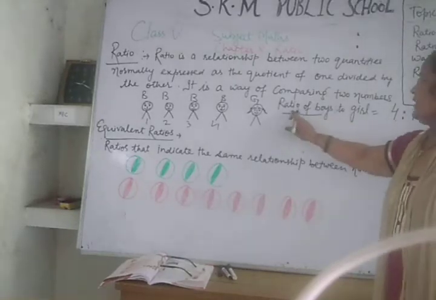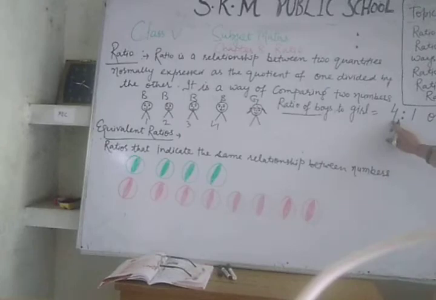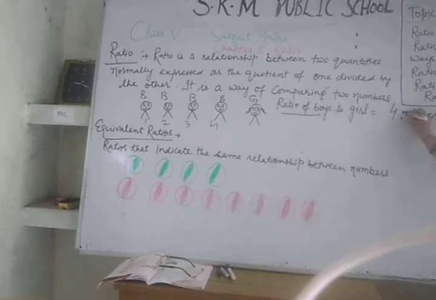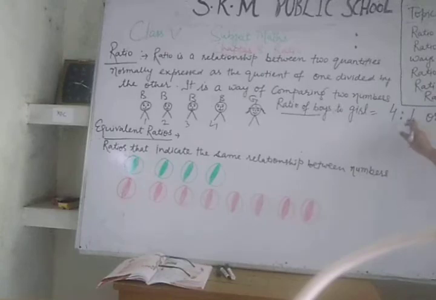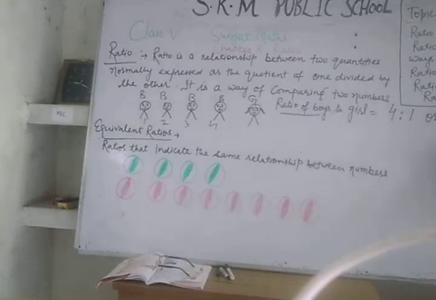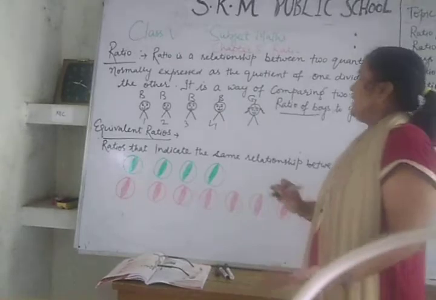First of all, it is the ratio of boys. Boys is first, so we take boys first, in the numerator, and then you put the ratio sign. Then girl 1, and the next quantity you write in the denominator.